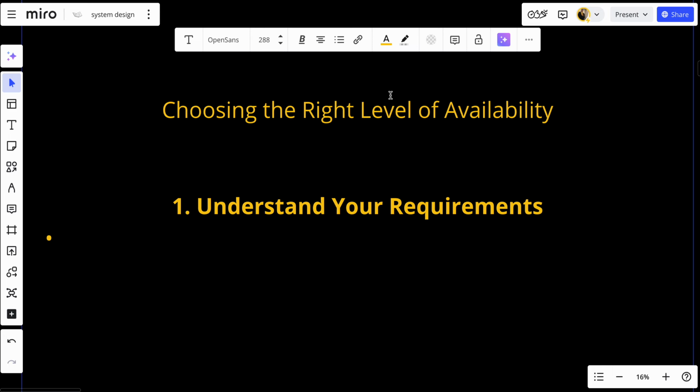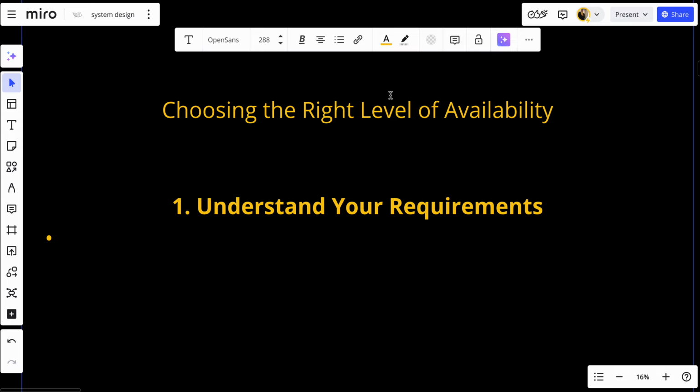Number two, the next thing that we need to talk about is choosing the right level of availability. First, you need to understand the requirements. The first step in balancing cost and complexity is to understand your availability requirements. Does your system really need five nines of uptime, or is three nines sufficient?